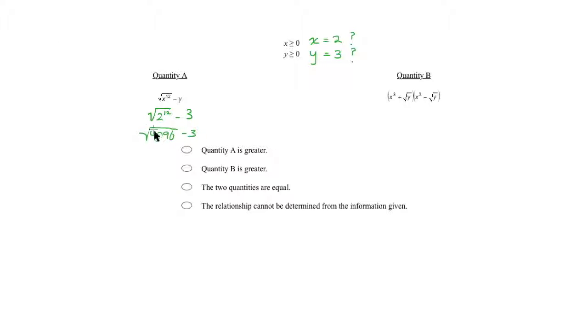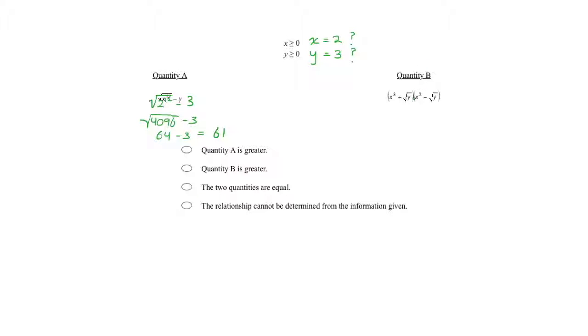And then if you pick the square root button on 4,096, you're going to get 64. So we have 64 minus 3, which is 61.